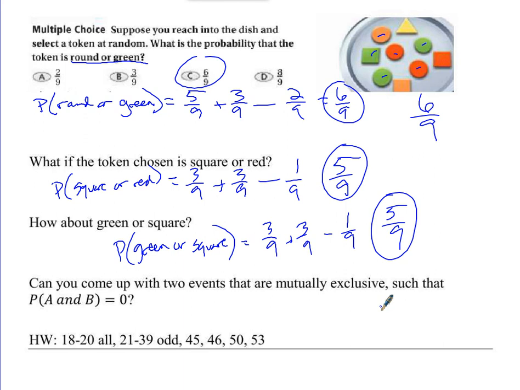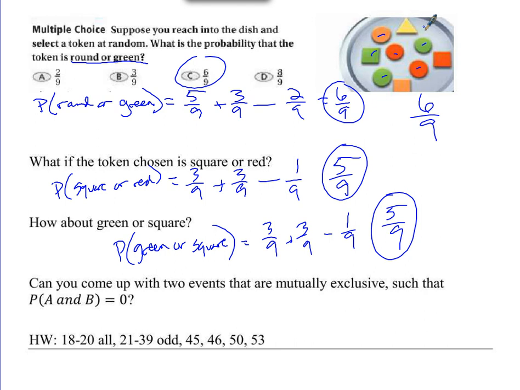That last one, can you come up with 2 events that are mutually exclusive such that the probability of A and B is equal to 0? Think about it. So if event A was yellow and event B was circle, we don't have any of those here, right? So yellow and circle does not exist up here, so the probability of that is 0. Do we have another? Red and triangle.